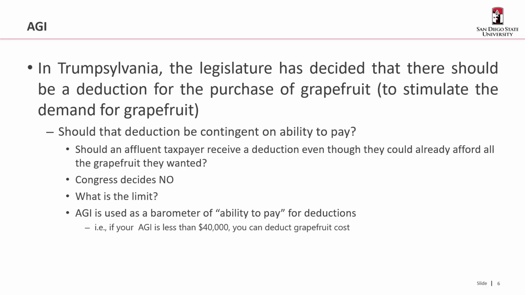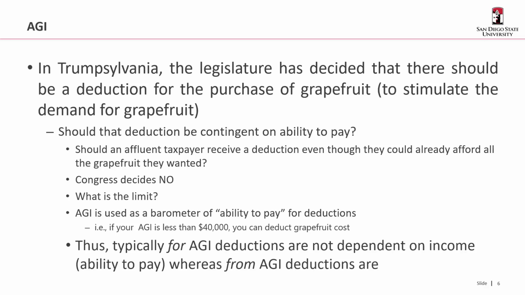So, for example, Congress might say, okay, well, if your adjusted gross income is less than $40,000, then you can deduct the cost of your grapefruit. If your AGI is more than $40,000, then you're not eligible to deduct the cost of your grapefruit.